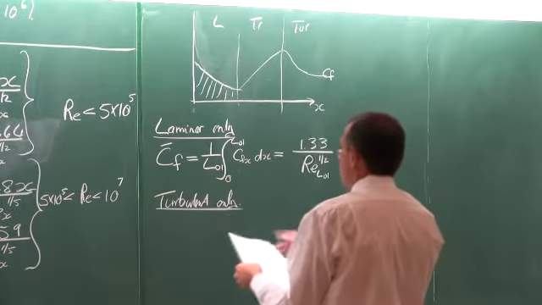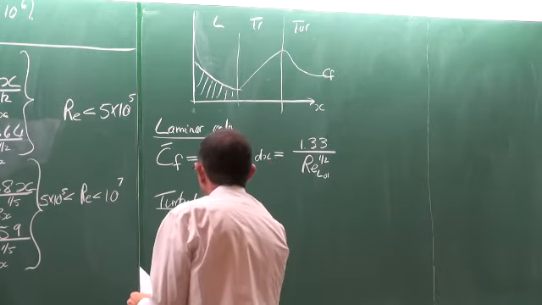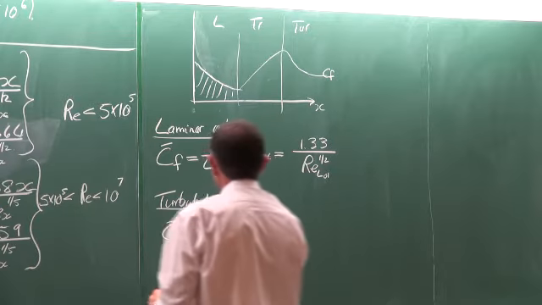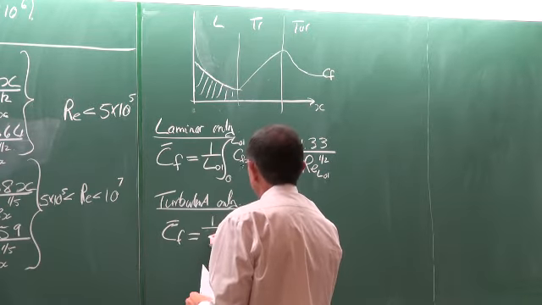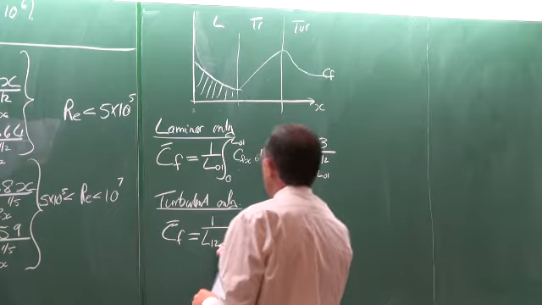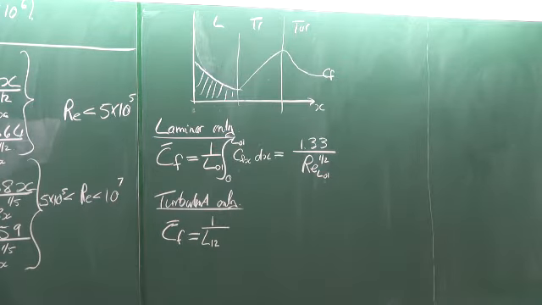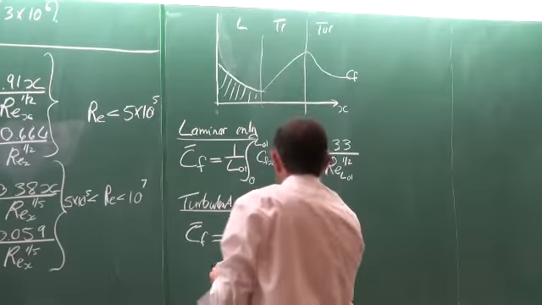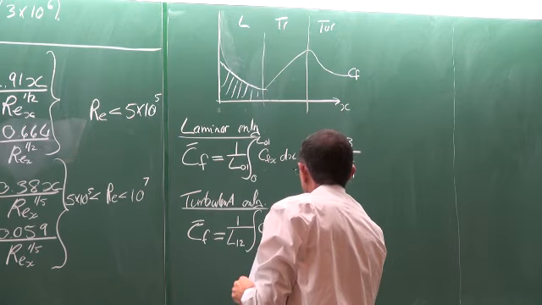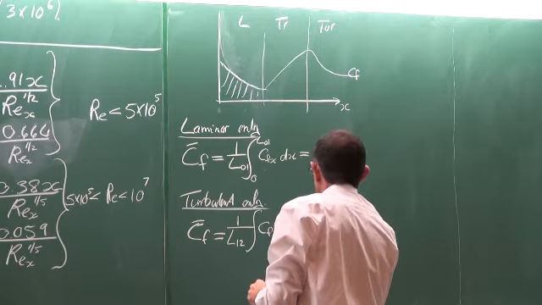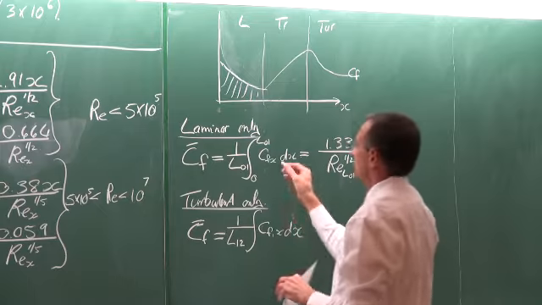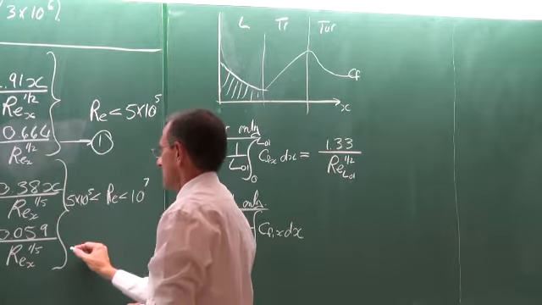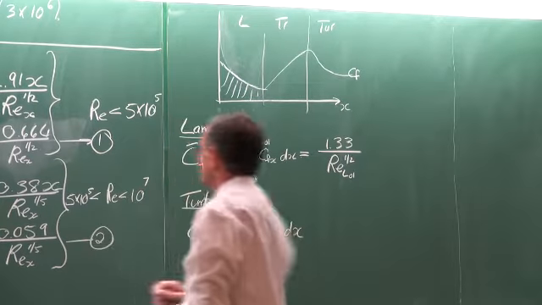So if we do the turbulent part only, the integration would then be 1 divided by L, over the length 1 to 2. Okay, so it would now be over that length. The integration of the CFX dx part, and if we want to, we can call this equation 1 and that equation 2.